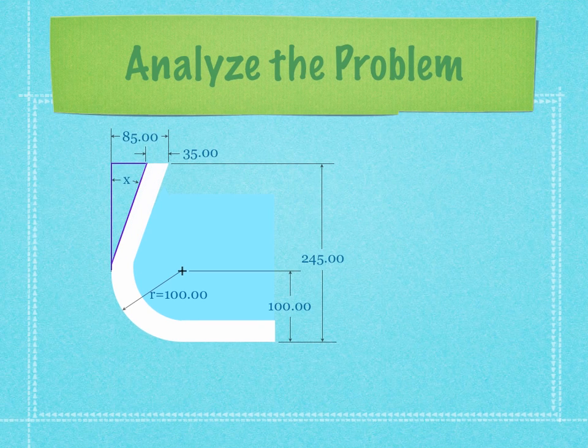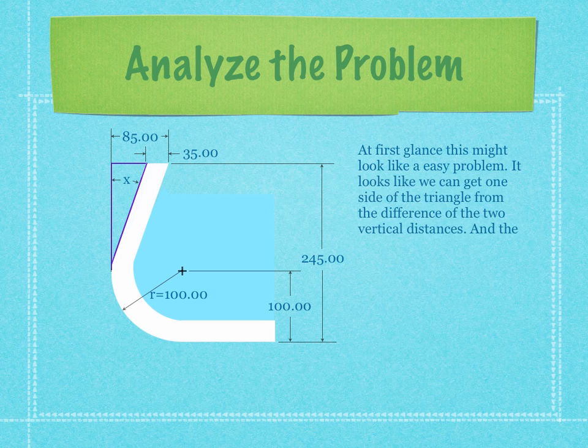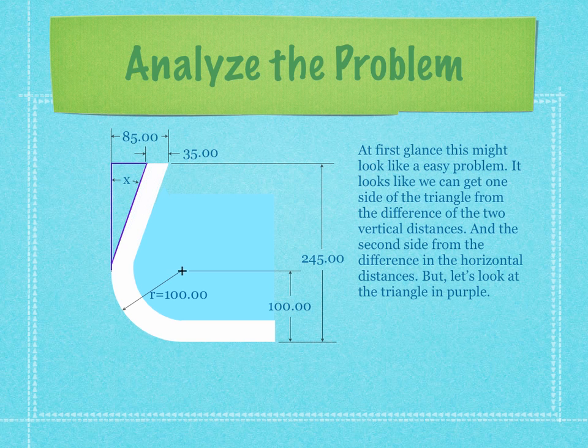Let's analyze the problem. At first glance, it might look like a relatively easy problem. We can get a vertical distance from the difference of the vertical distances, and the horizontal distance from the two horizontal distances. But look carefully at that triangle in purple.